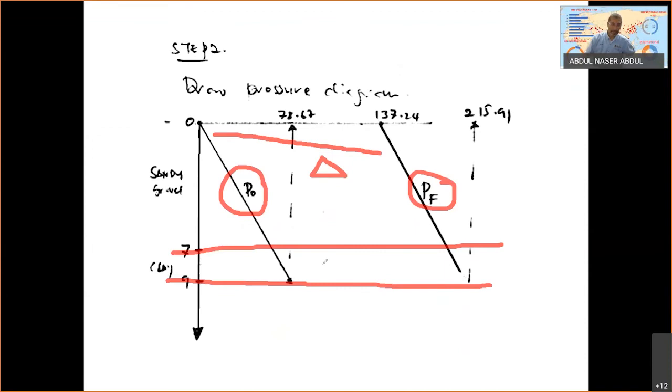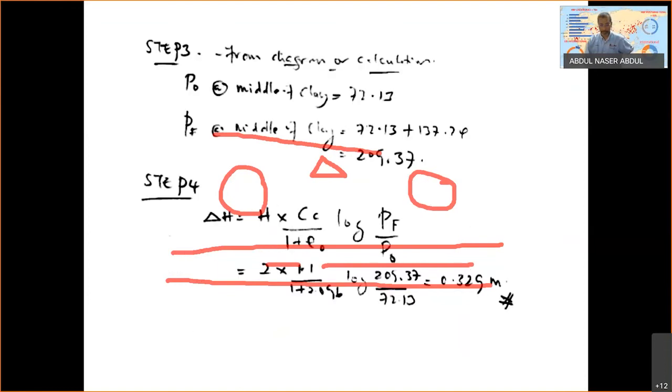So the middle of the clay is somewhere here. So then we will get the P naught at the middle of the clay, and also P final at the middle of the clay.